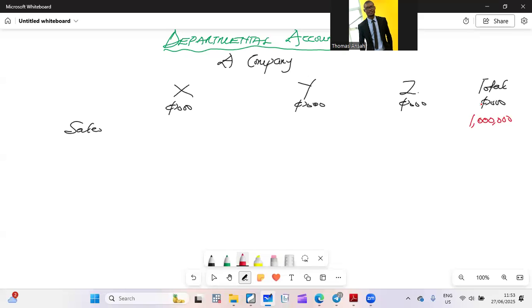What is X's amount out of the 1 million? What will be your answer? We want to know the total for all the three departments is 1 million. But what is X's amount? Department X, what is their amount inside that 1 million?